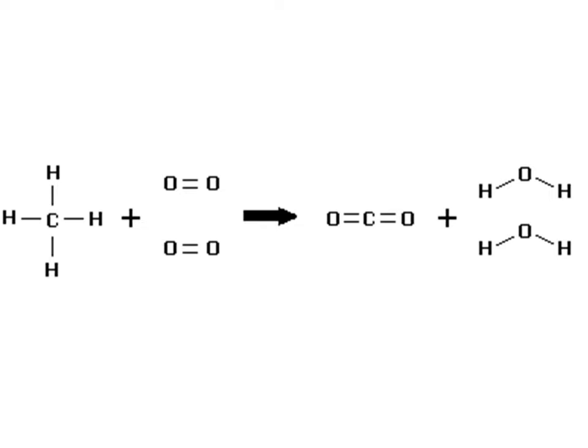So oxygen doesn't exist as atoms in the air you breathe. It exists as molecules, which are two oxygen atoms combined by double bonds to form an oxygen molecule. On the right you see the products. You have a carbon with two double bonds, one each to an oxygen, and then you have the water molecules, where you have an oxygen single bonded to two hydrogen atoms. Again, just a different way of showing the chemical reaction and how the bonds are changed to make different molecules.